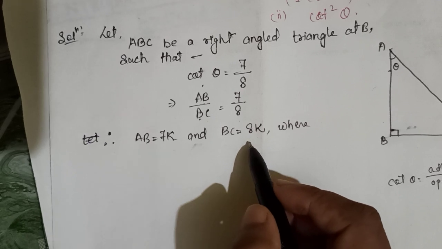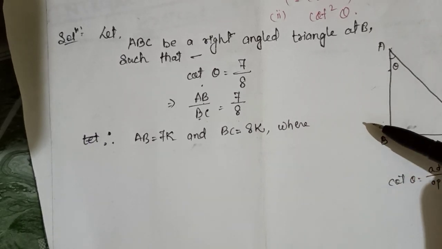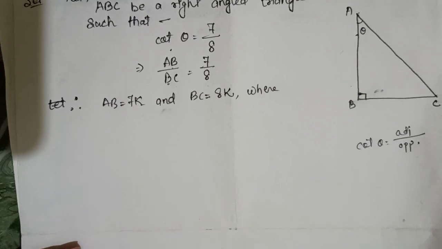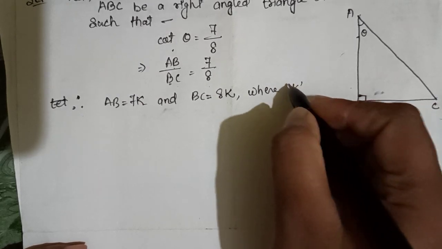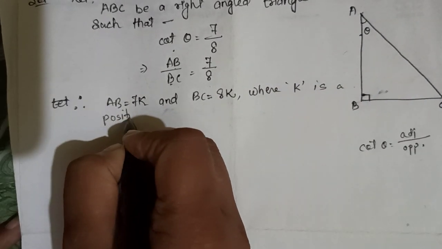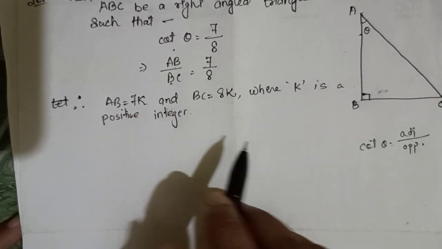It should always be a positive integer. If it gets negative, then the sides of the triangle will also get negative, which is not possible in any triangle. So K is a positive integer.